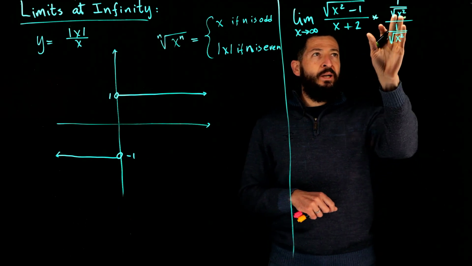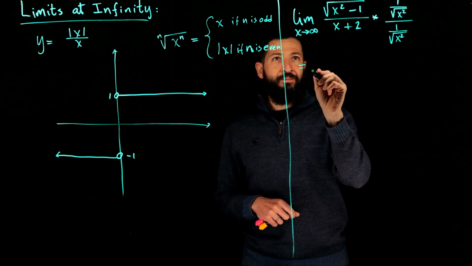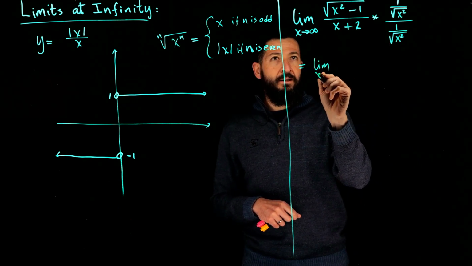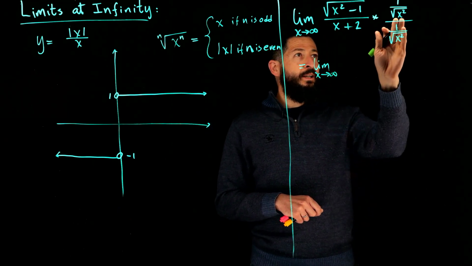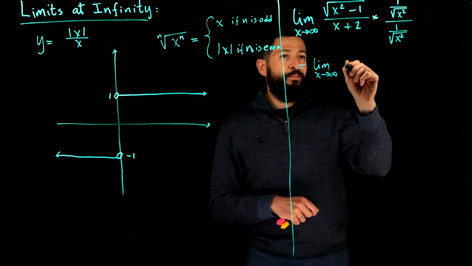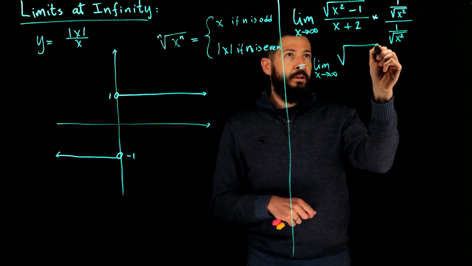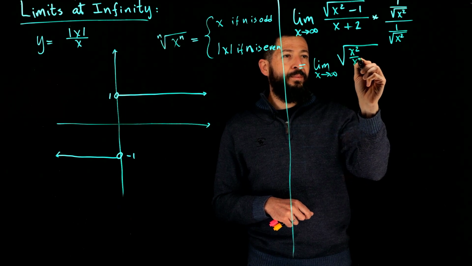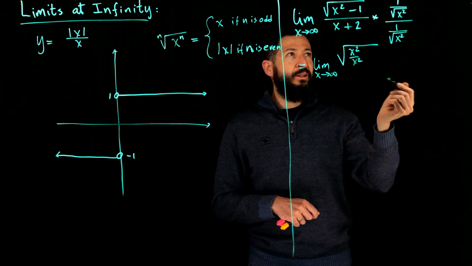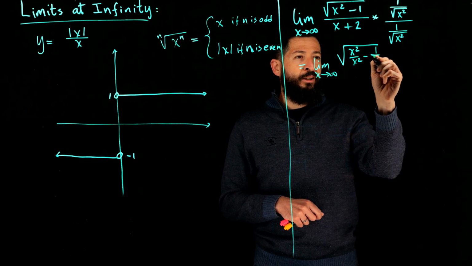All right, so when I distribute this in, I can do the same thing as I did before. This goes inside of the square root as 1 over x squared, and I get x squared over x squared. And when I distribute this in here, I get minus 1 over x squared.